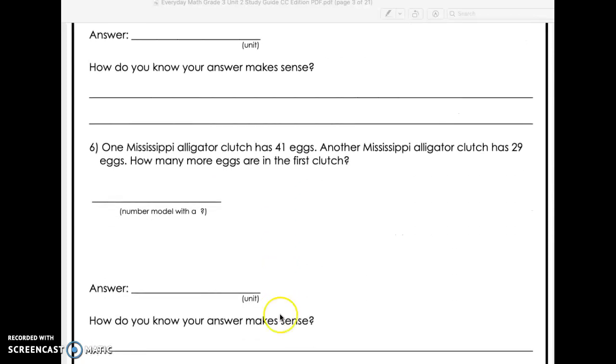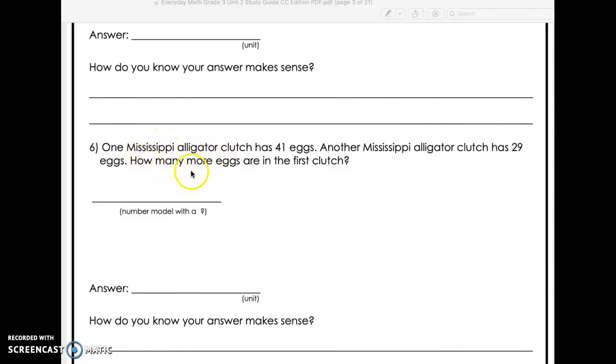Moving on. One Mississippi alligator clutch, we talked about a clutch is a nest, has 41 eggs. Another Mississippi alligator clutch has 29 eggs. How many more eggs are in the first clutch? Guess what? There is a clue word. How many more?